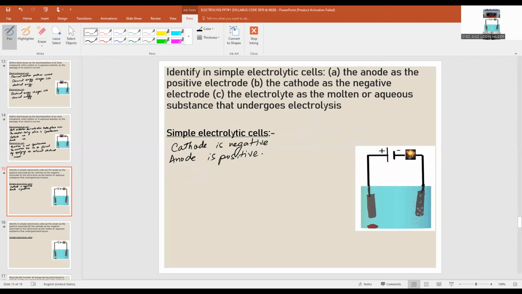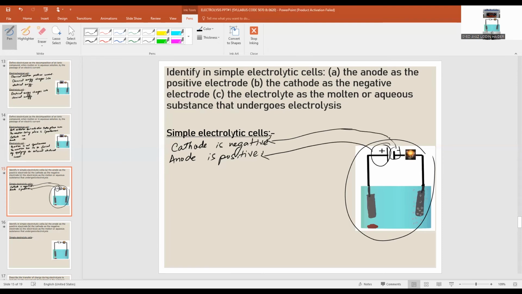If you look at this electrolytic cell, this one is cathode and this one is anode. And the blue liquid represents the electrolyte.